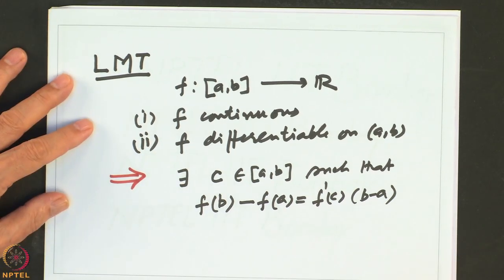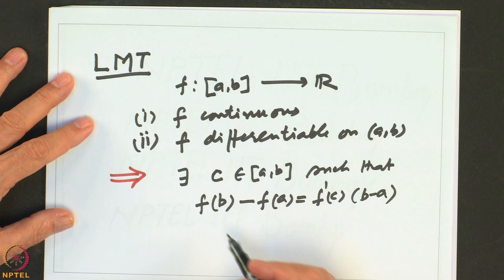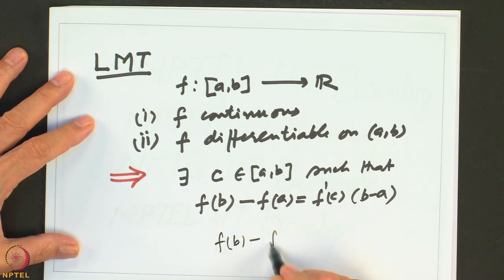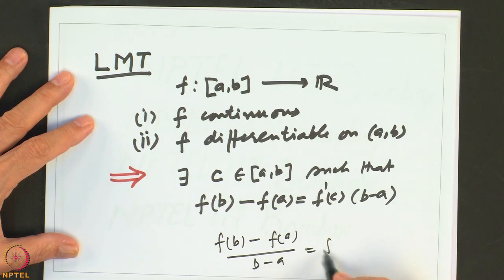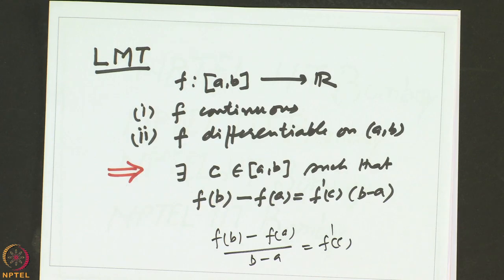We can rewrite the last conclusion, in case b is not equal to a, as (f(b) minus f(a)) divided by (b minus a) equal to f'(c). So, this is Lagrange's mean value theorem, and geometrically it says the following. Let us look at the picture.